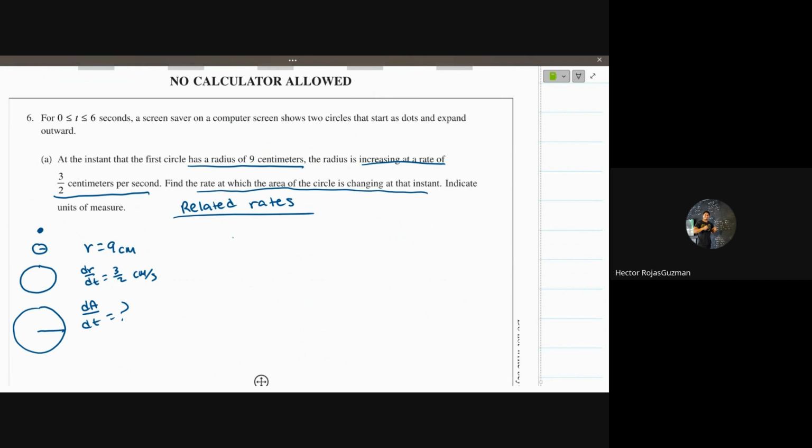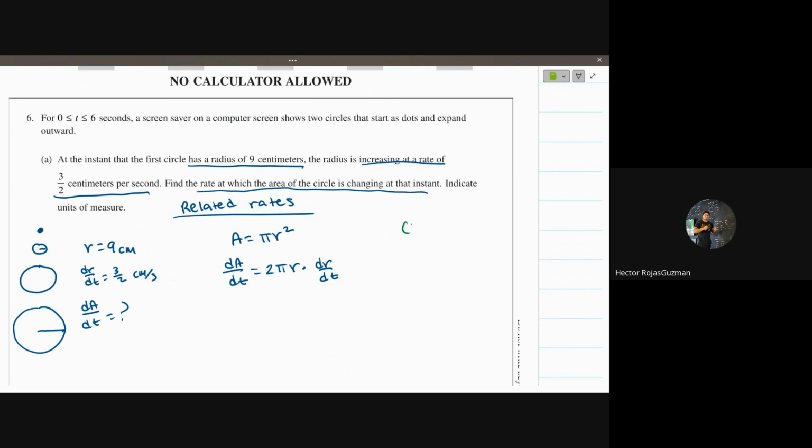Well, we know that the area of a circle is pi r squared. So if I take the derivative, I'm going to get 2 pi r times dr/dt. And we get this because we apply the chain rule, right?